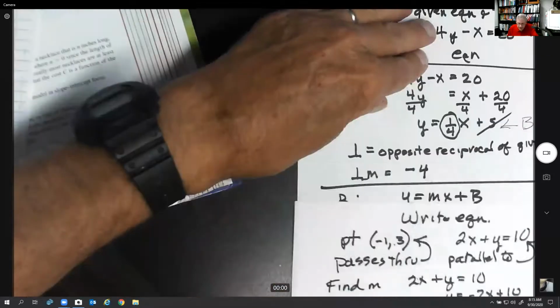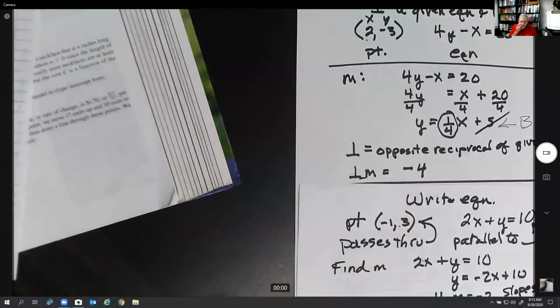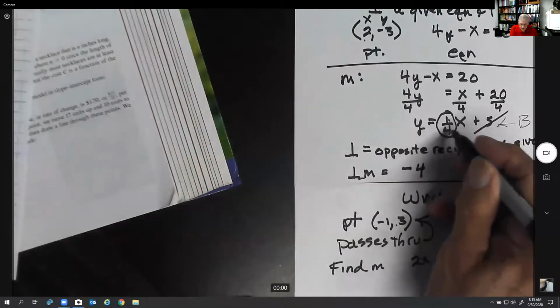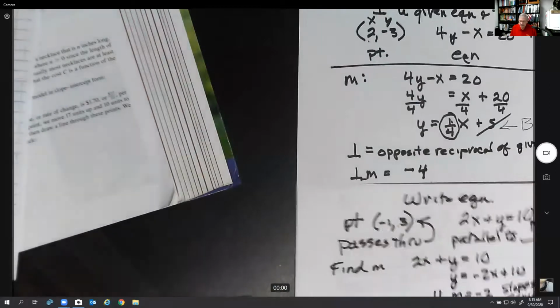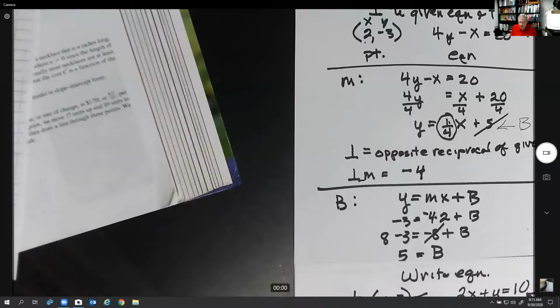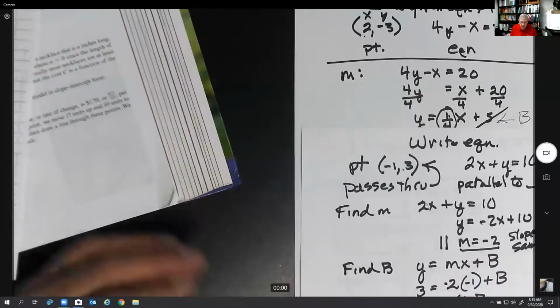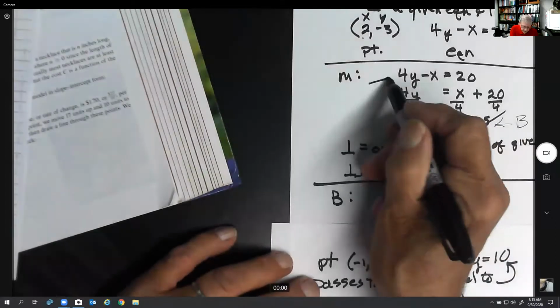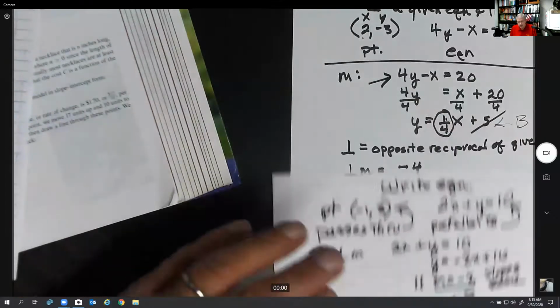And when they're perpendicular, the slopes are opposite reciprocals. So you just take the reciprocal, 4. Otherwise, you do the same thing, and you find your b, and you write your equation. But normally the given equation will have to be rewritten unless it was in the right form to begin with.